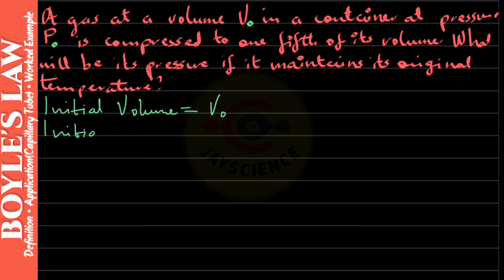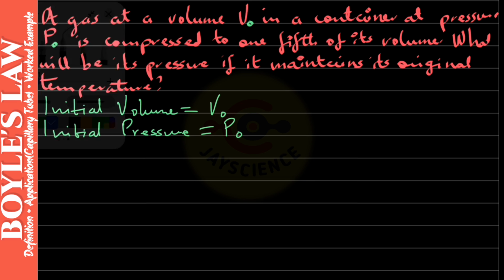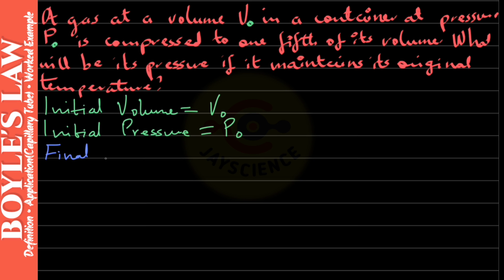We have the initial pressure, that's P naught. Then we have the final volume. According to the question, the volume was compressed to 1/5. So we have a movement from V naught to 1/5 of V naught. So we now have 1/5 of the original volume. Then the final pressure, that's what we need to calculate.